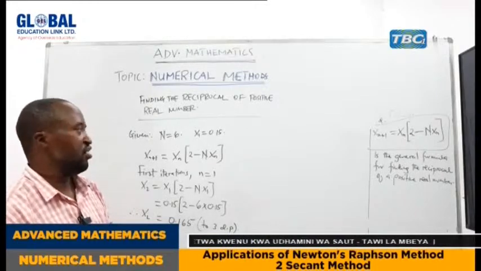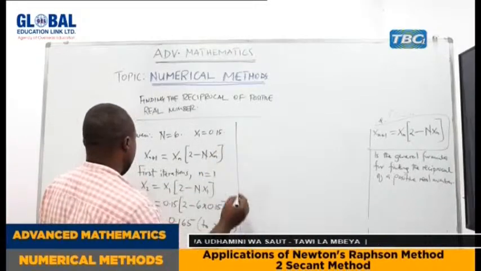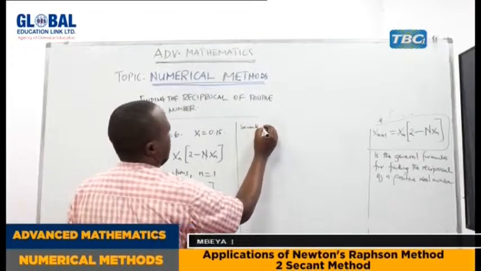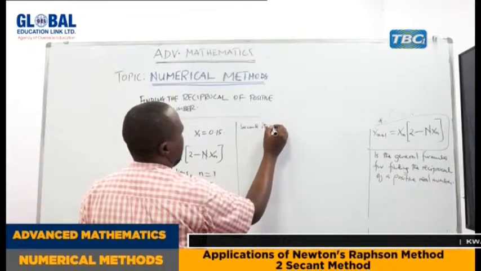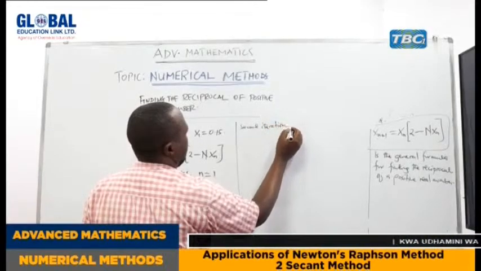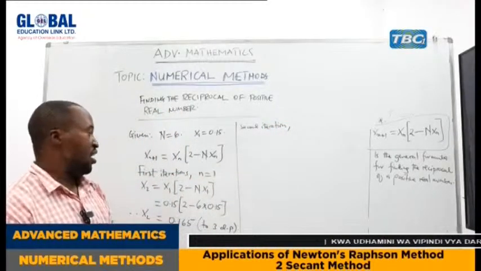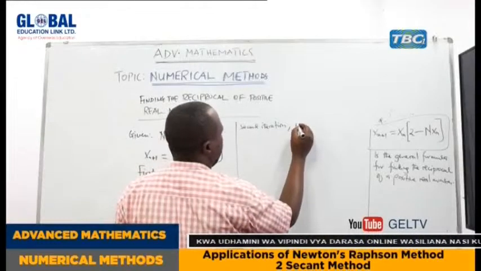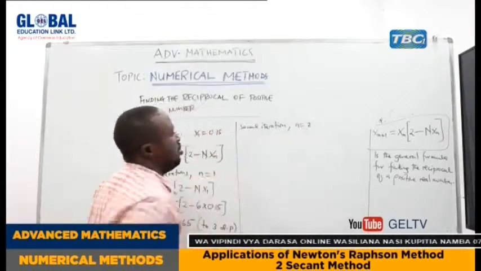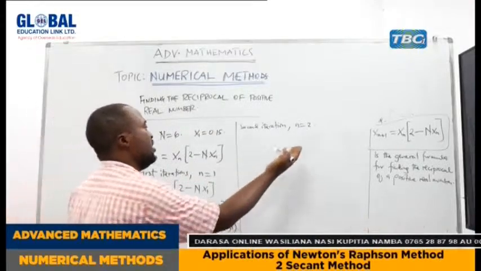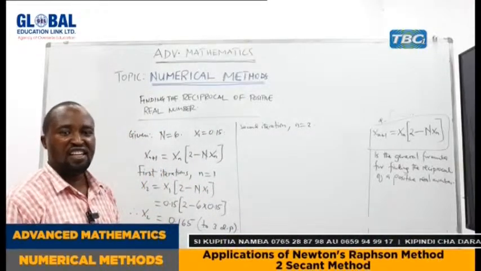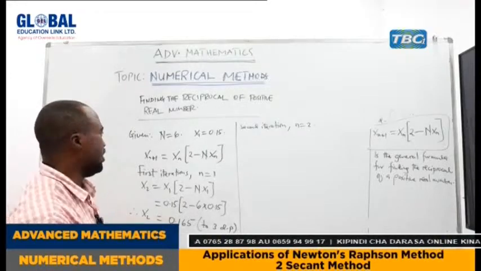Now again for the second iteration, this time we say n is equal to 2. So here n is equal to 2. So we just substitute the value of n in our general formula for finding the reciprocal of a positive real number.